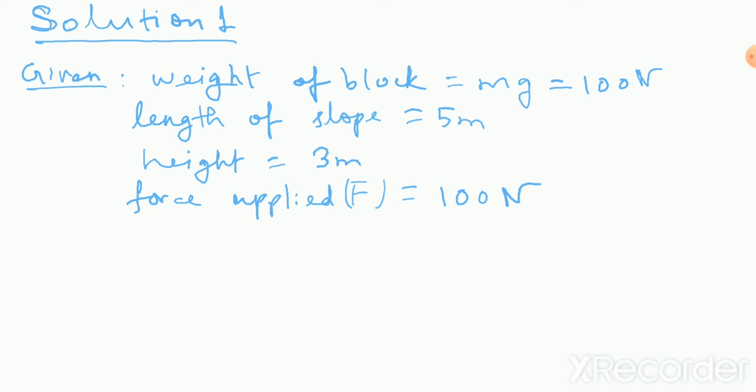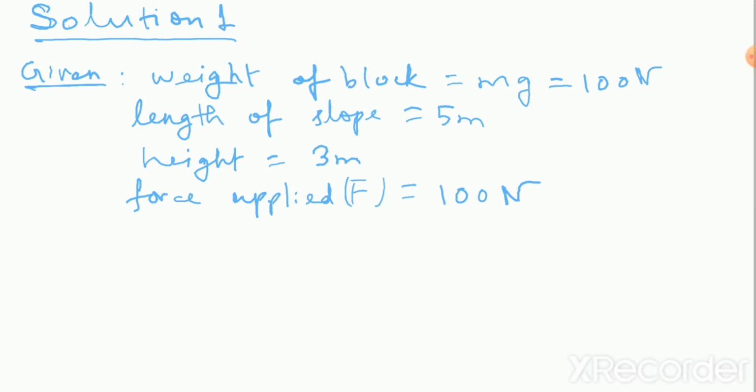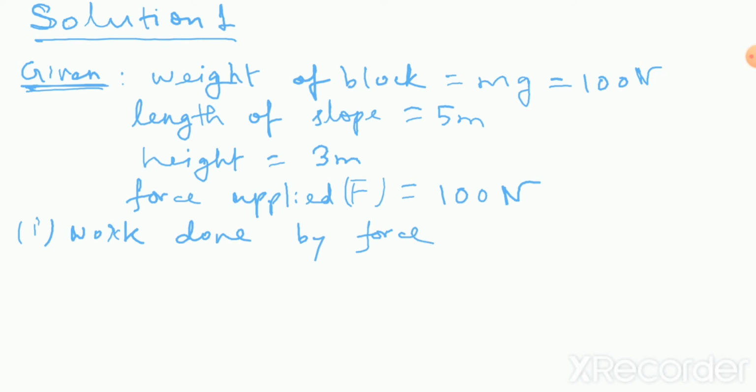Now the first part of the question asks what is the work done by the force in moving the block up the slope. So coming to the first part of the problem, work done by the force. Work done by the force is equal to Fs cos theta.